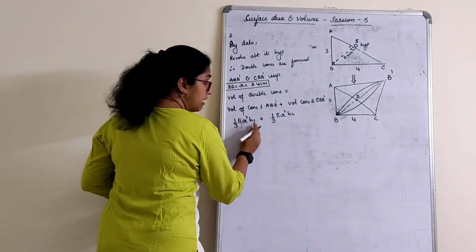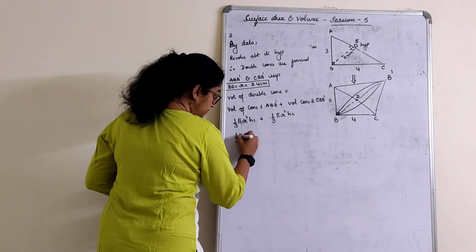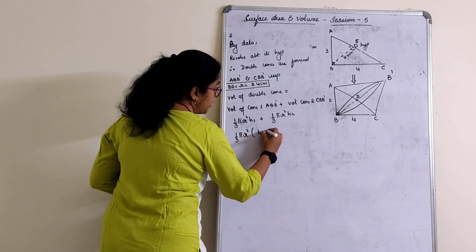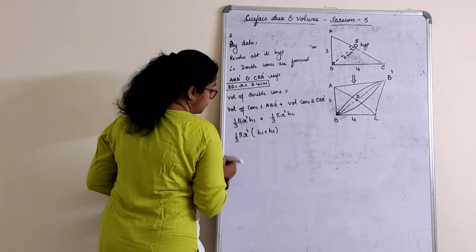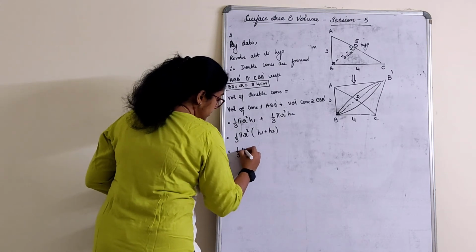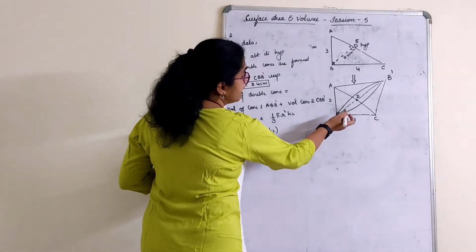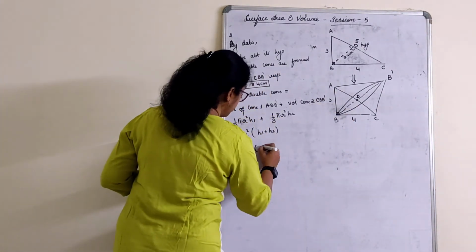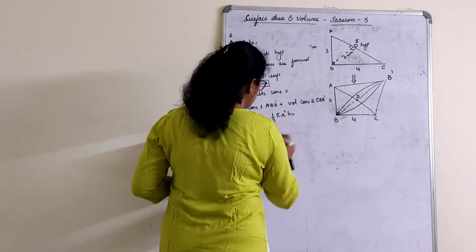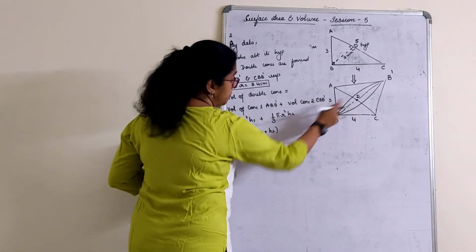What is common here? Height is not the same, but 1 by 3, pi is common, r square is common. So 1 by 3 pi r square into h1 plus h2. Height of this cone is AD plus height of this cone is CD.